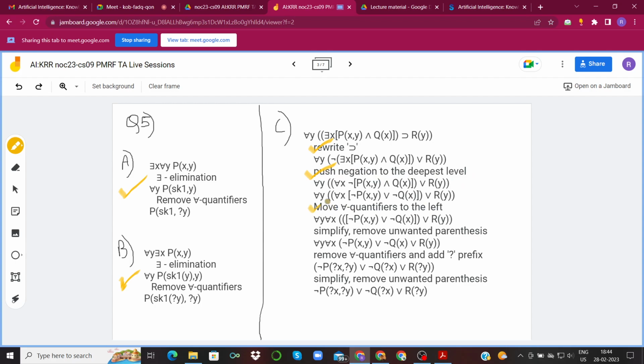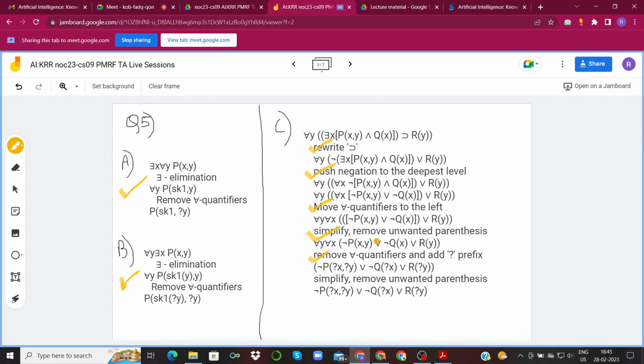Then you move all the universal quantifiers to the left. So you have for all y, for all x on the extreme left, and then you have everything else on this part. You remove the unwanted parentheses and simplify it. So you have basically for all y, for all x, not of p x y or not of q x or r y. Okay. The next step, you remove these universal quantifiers from the left and replace each with a question mark and the variable name.